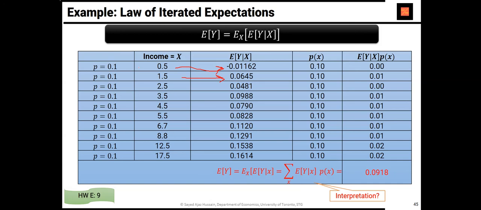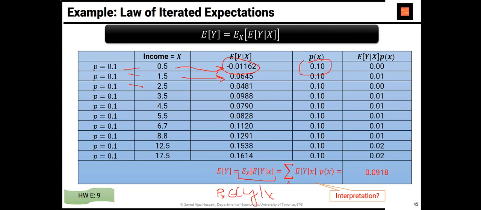Since these income levels were picked as equally likely samples, 10% each, this number is going to be observed in the sample with a probability of 10%. So if I now multiply, in discrete form, this is going to say: probabilities of x times the expected value of y given x.